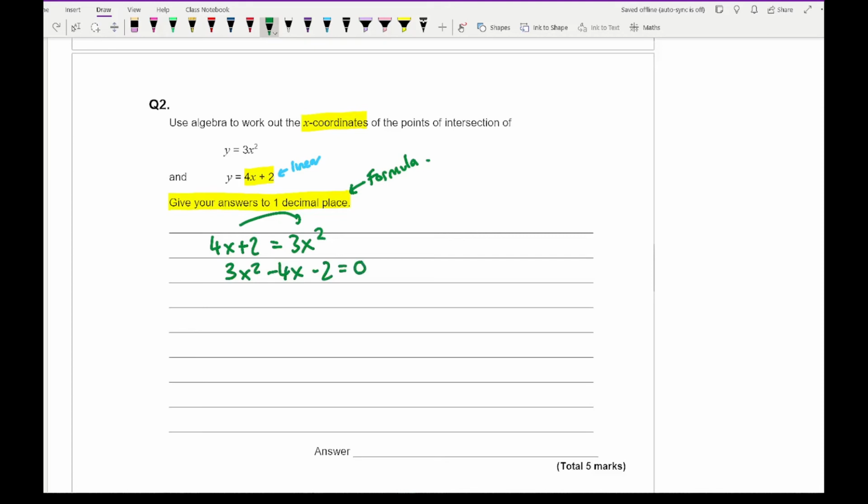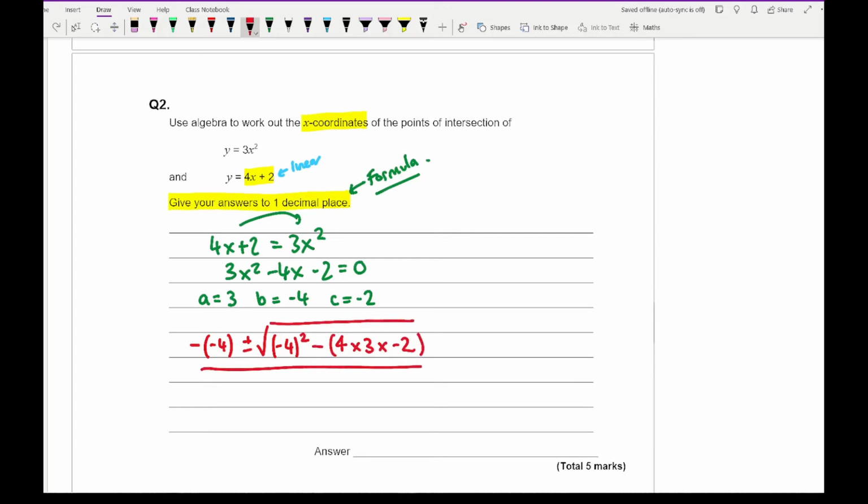And then from this, I'm going to use the quadratic formula to solve this quadratic. So a equals 3, b equals minus 4, and c equals minus 2. So substituting this into the quadratic formula, I end up with minus, and then it's minus 4, plus or minus the square root of minus 4 squared minus 4 times a times c, that's all square rooted, all divided by 2 times a, which is 2 times 3.